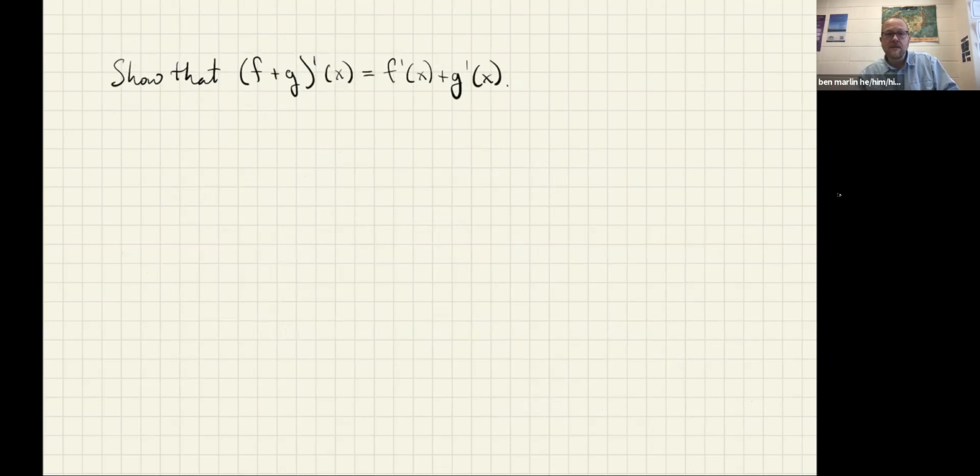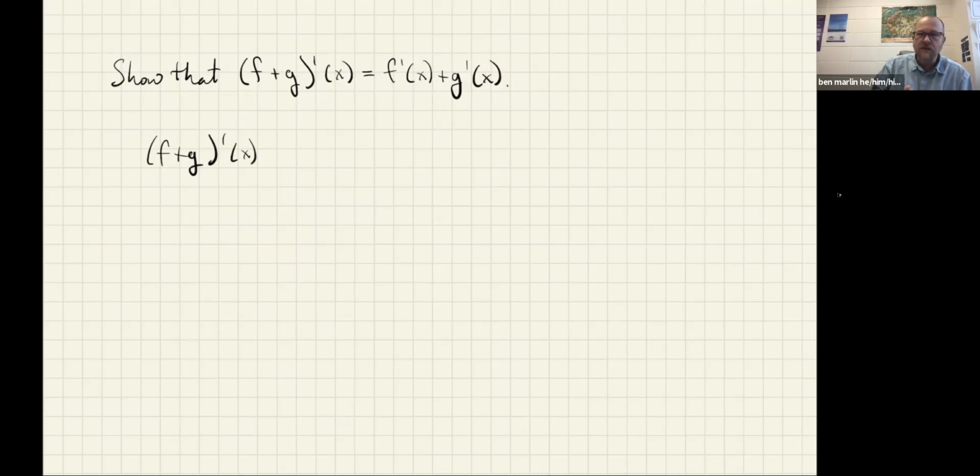So let me show you something. This is verging into what mathematics is about past the calculus. What we mostly do is try to show that things we suspect are true are true, just by using logical inference. So I'm going to take f plus g.